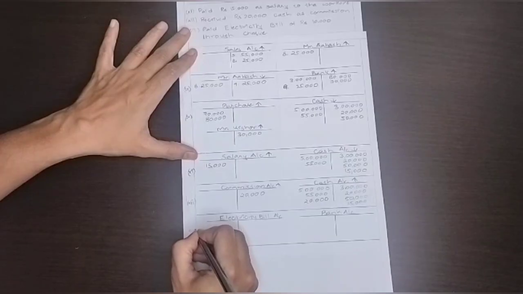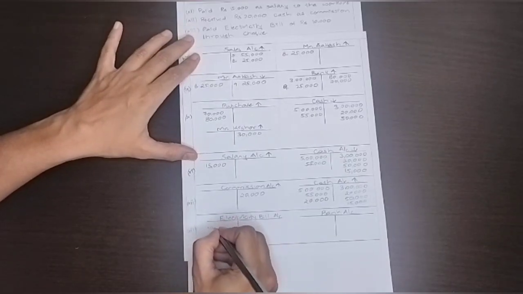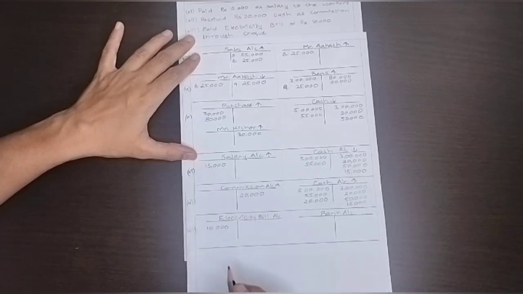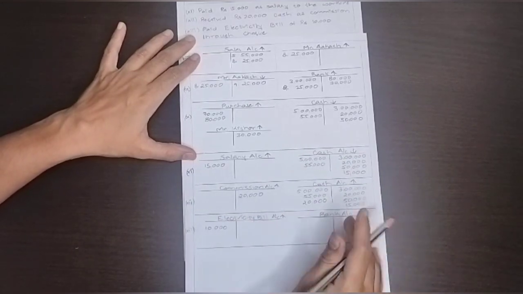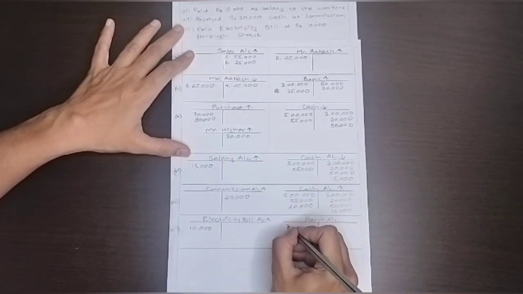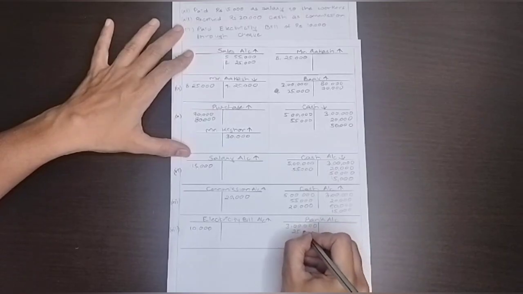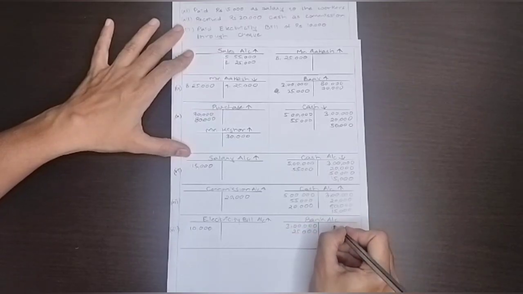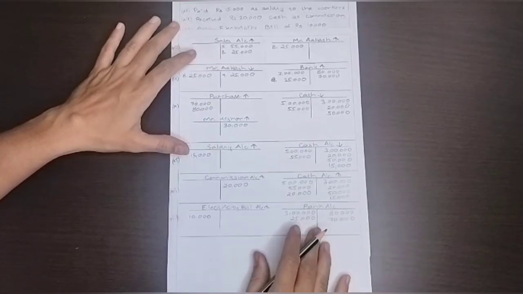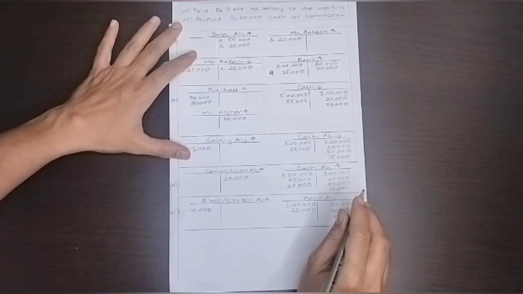This is the 13th transaction. Oh, sorry, electricity bill, my expense increases. So I'll debit it. And bank, my asset reduces. I will credit it. My asset reduces by rupees 10,000.